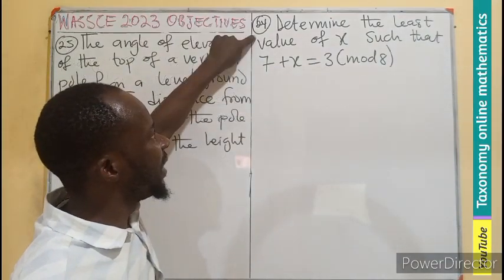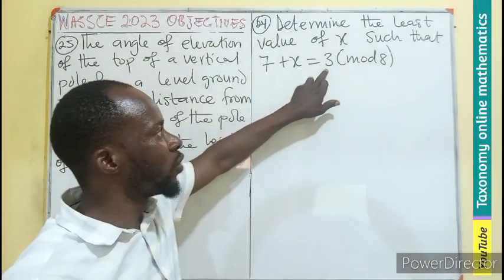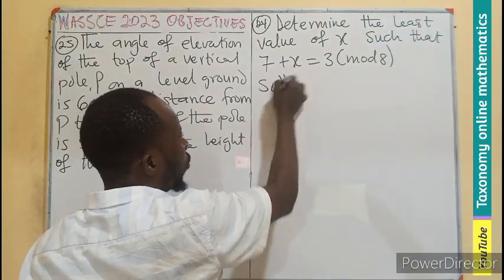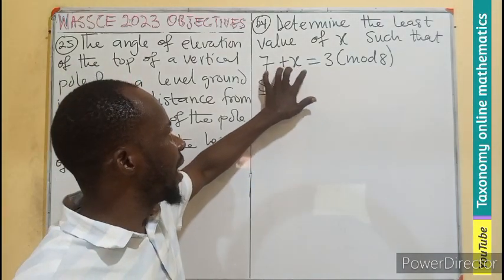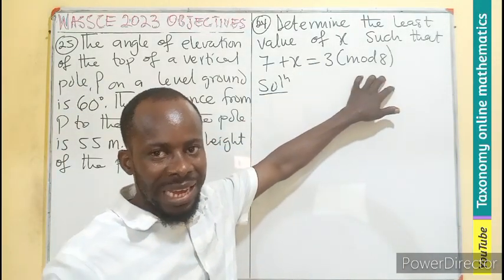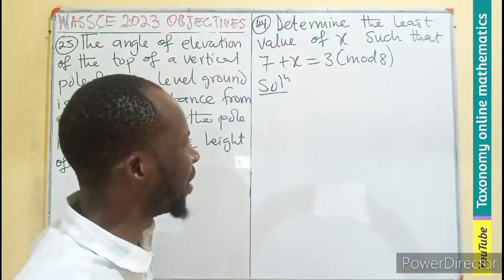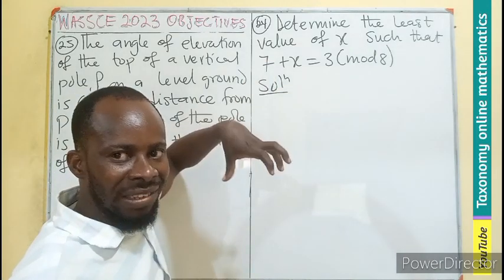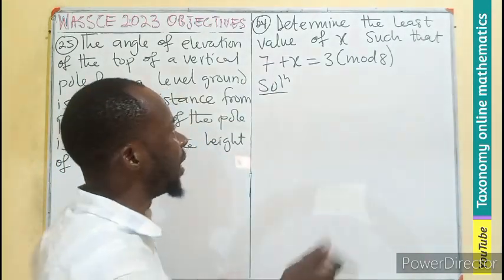Number 24. Determine the least value of x so that 7 plus x equals 3 mod 8. We know under modulo, modulo is a remainder theorem. As in, if we divide this number by 8, getting a certain quotient, the remainder will be this. So that simply means that if I subtract the remainder from the number, the answer should be divisible by 8, or should be a multiple of 8.